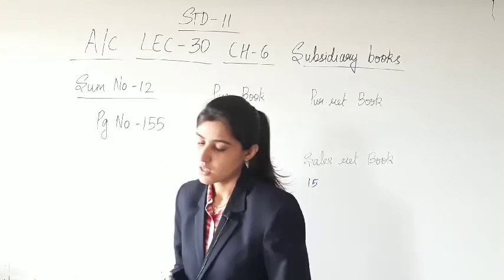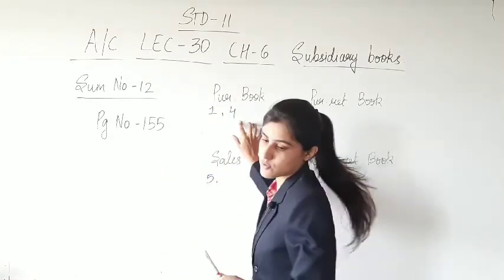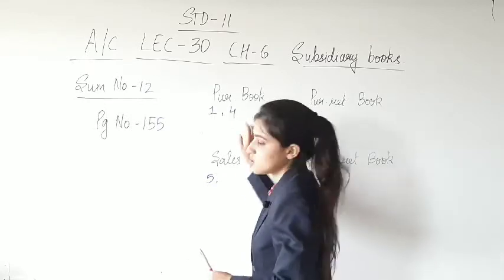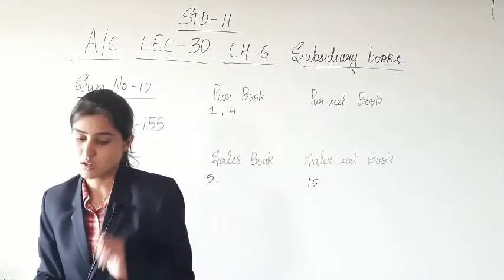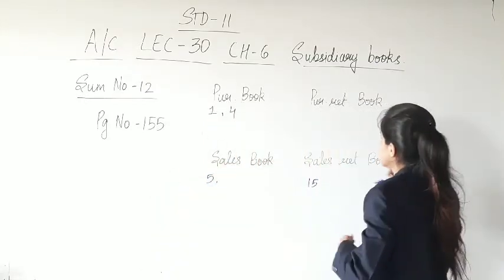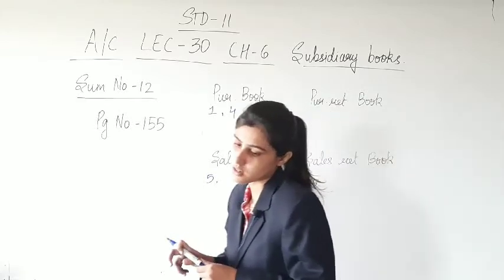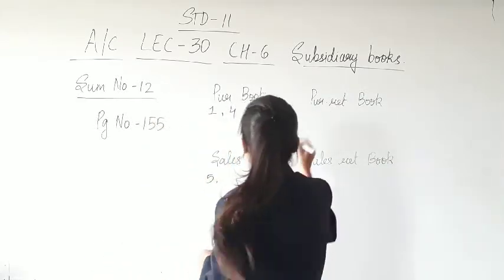Who is Nirmi? Nirmi is the person from whom we have purchased on 4th of November. Goods worth rupees how much? 12,000. Now 40% of those goods are returned to Nirmi. So, this becomes purchase return. On which date we are returning? 17th of November.